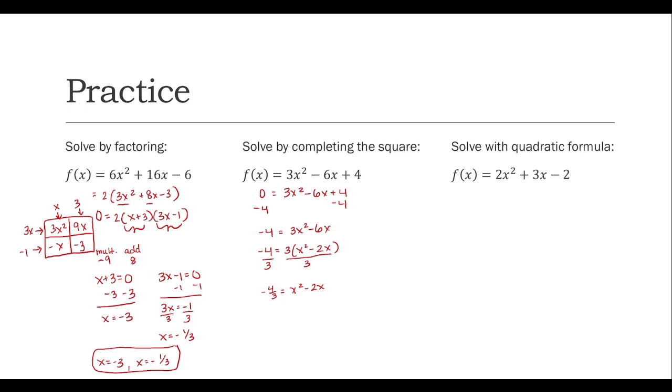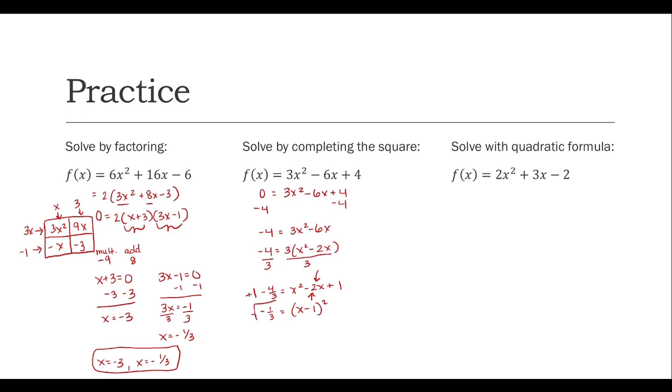So we need to complete the square. So we'll take our b value divided by 2, so negative 1, and square that. So negative 1 squared is 1, so we'll add that to both sides. So plus 1 to each side. So 1 minus 4 thirds is negative 1 third equals, and now this becomes x minus 1 squared. And that's because it's our b value divided by 2.